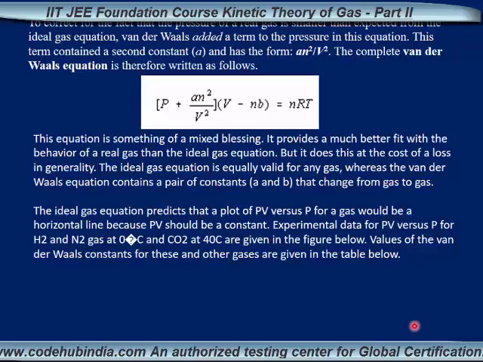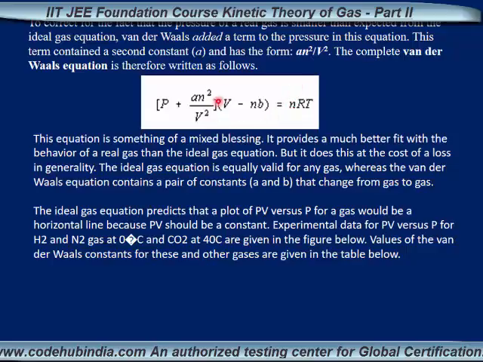we include a term a for the pressure that has the form a n squared divided by V squared. The volume will be deducted, so the pressure will be increased. Otherwise, we can't get this constant value, because we are considering the PV curve at constant temperature, R is the universal constant, and n, the number of moles, is also constant.